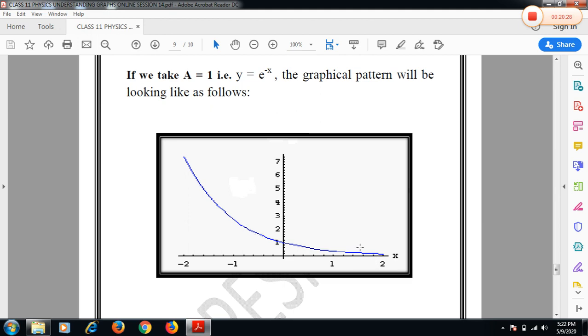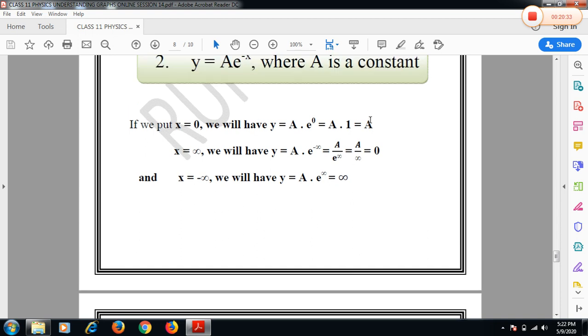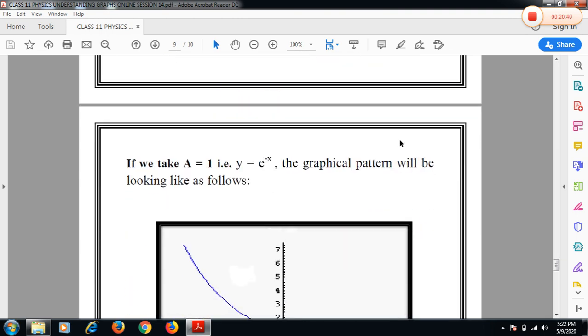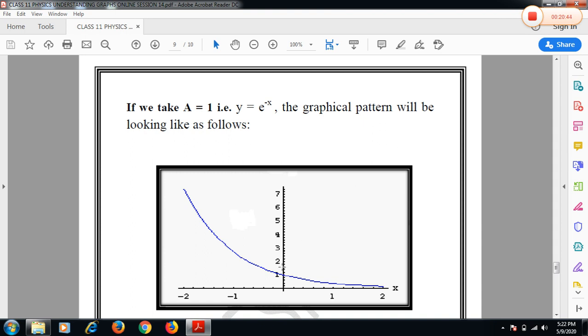Okay, students. So at x equals 0, the graph will intersect the y-axis at the point (0, 1), since here a equals 1.